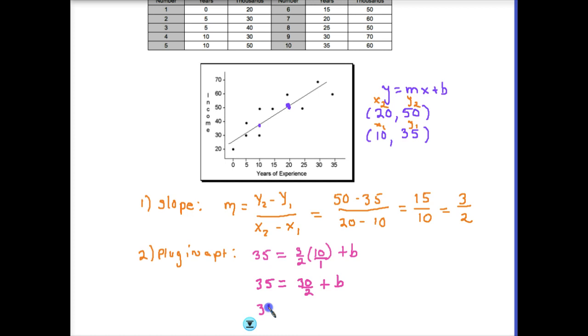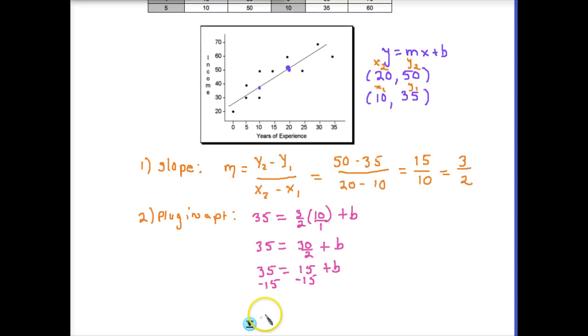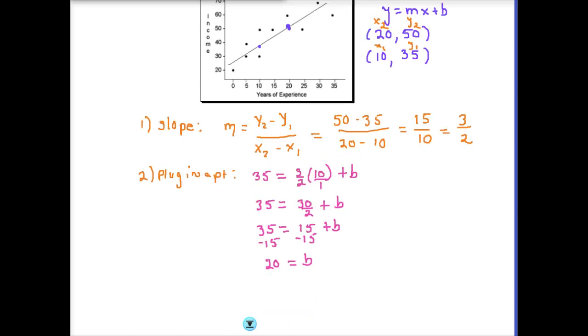Then we can simplify 30 over 2 to give us 15 plus b. If we subtract 15 from both sides, we'll find our b. 35 minus 15 is 20. So b is 20.